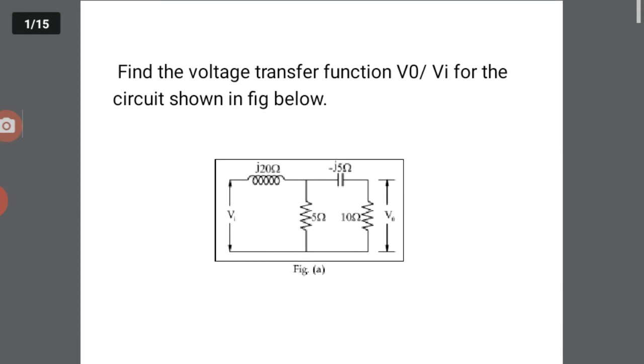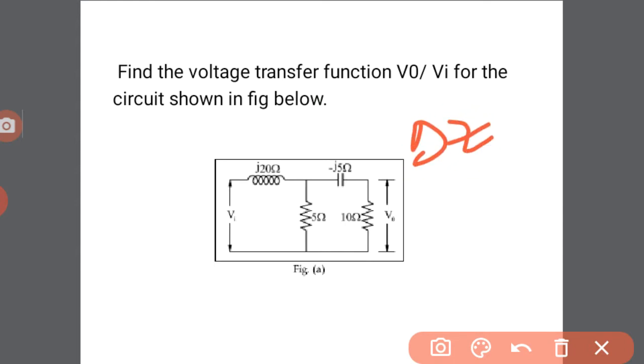To find the transfer function V0 by Vi, first write down the mesh current equations in matrix form. After that, find delta Z, and since we need V0, find delta 2.